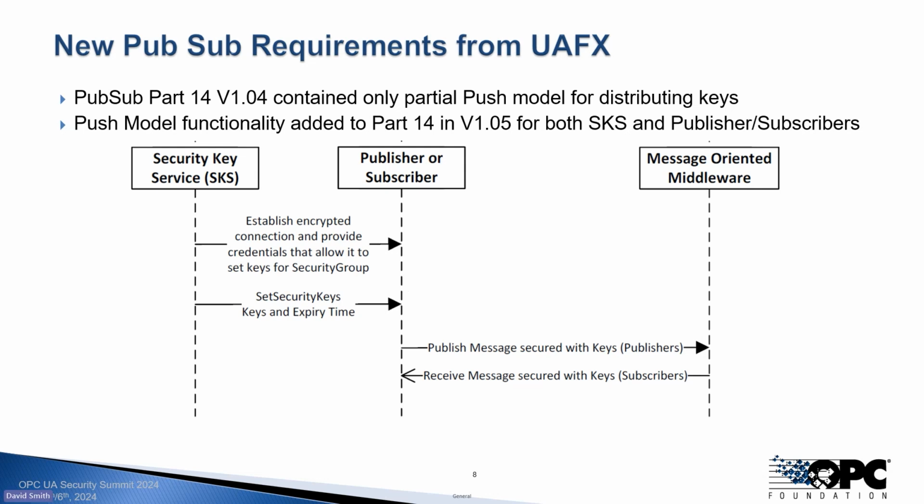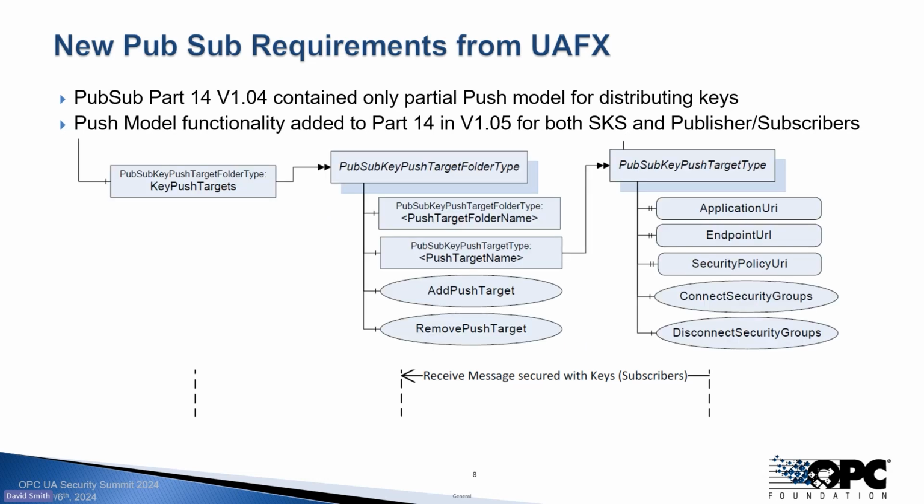So the Part 14 group worked to add this functionality into the information model for the security key service. They called it the push target. And this contains all the information required to connect to an end device to distribute keys. So in addition to the security group, which includes things like the encryption mode, the keys, number of keys, the key lifetime, and some other information, we now know how to connect to that security group with the application URI, endpoint URI, the security mode to connect to that end device, and then there's other mechanisms as well.